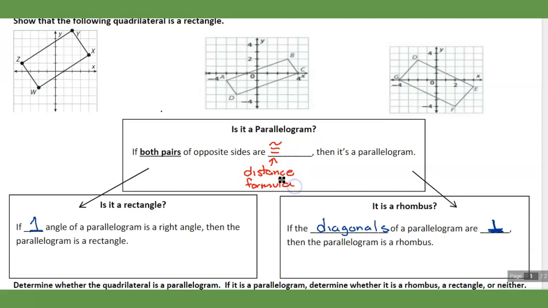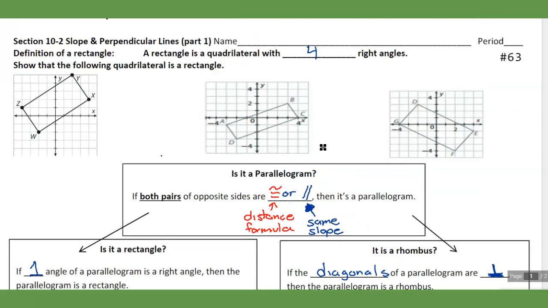And the other way would be to show that they're parallel, and that is when they have the same slope. So 2 ways, and you get to pick. It doesn't matter which one you use. Slopes are probably a little easier. We'll do one of each just to cover our bases.